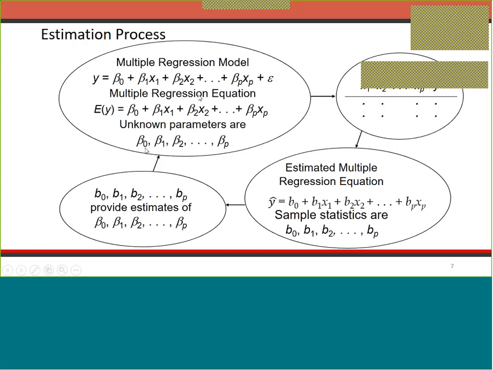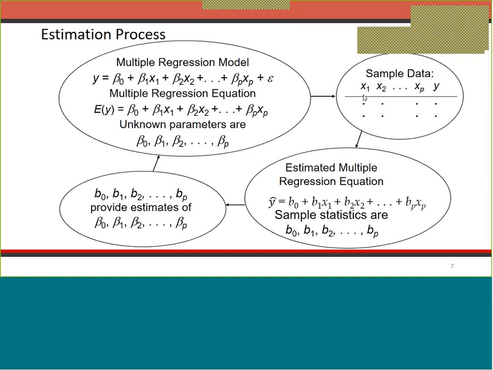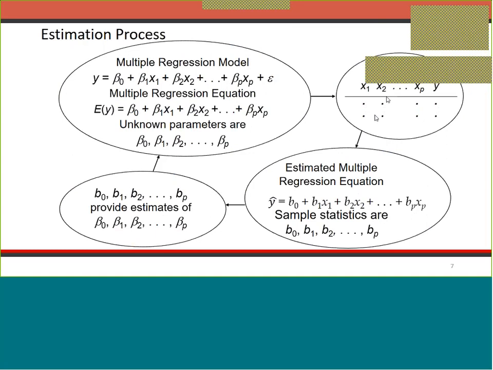You are unable to calculate beta naught to beta p for a population, so you will draw a sample. The sample consists of data on x1, x2 and so on, xp as well as on y. Then you will construct an estimated multiple regression equation in terms of b naught, b1 and so on, bp. Finally, you will estimate beta naught, beta 1 and so on, beta p from b naught, b1 to bp.